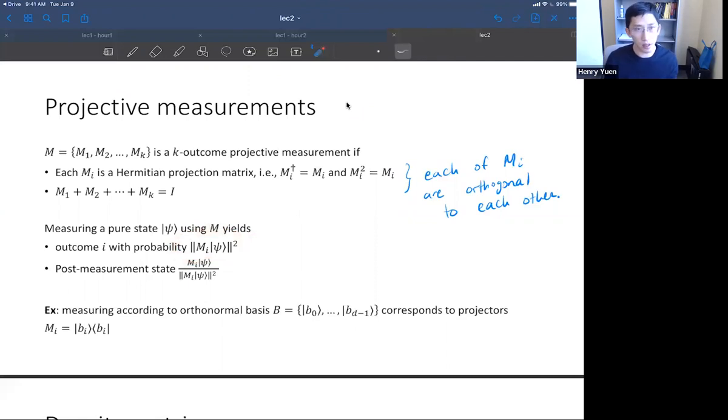You get a new vector, but it's not necessarily unit length. You look at how long that vector is and square it. That's the probability of getting that outcome. Then there's a post-measurement state, where the state collapses into a different state. You got this Mi times psi, some vector, and you just have to renormalize it.